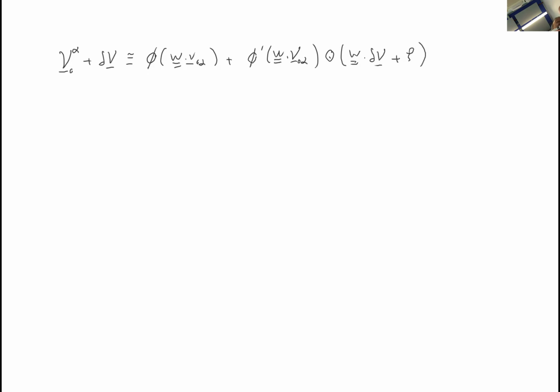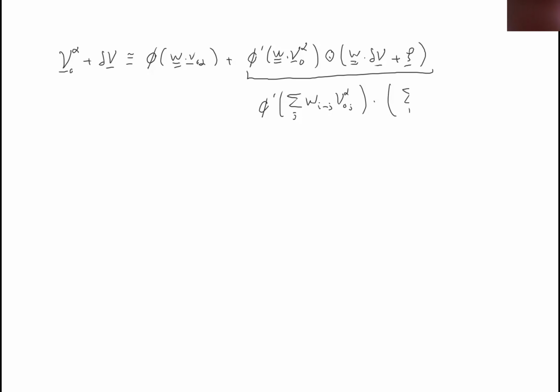Okay, and what this means is in components, so the ith component of this is phi prime of the sum on j of w i minus j nu 0 alpha j, times the sum on k of w i minus k alpha delta nu k plus squiggle i.